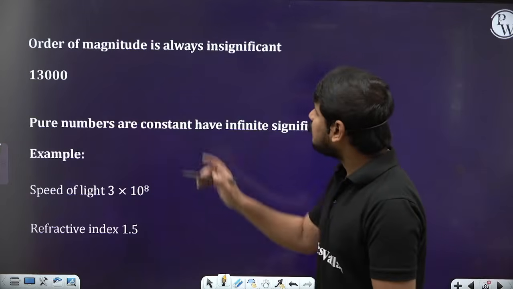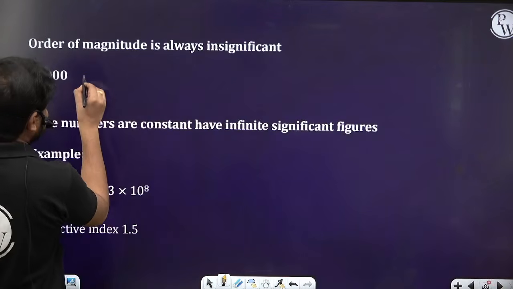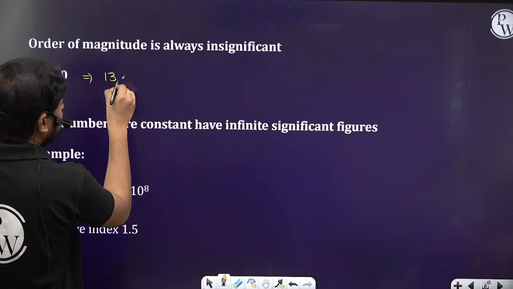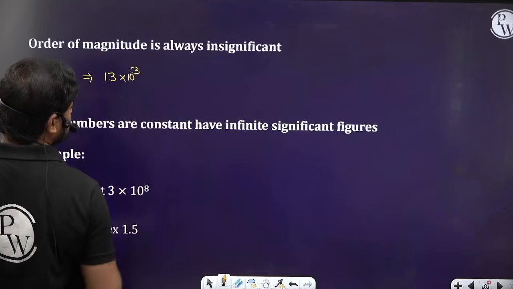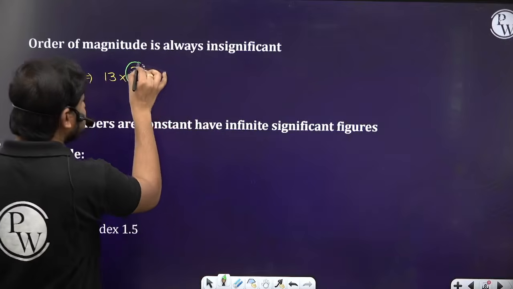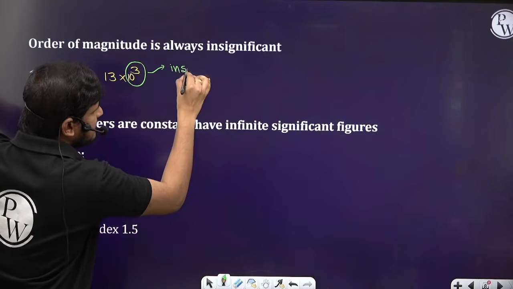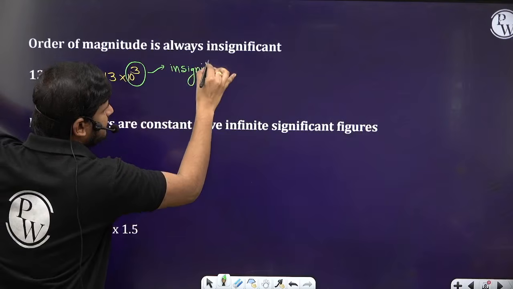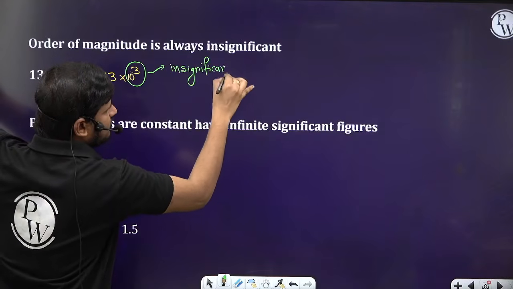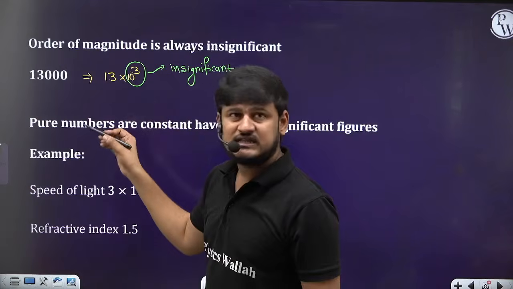So let's move further. The order of magnitude is always insignificant. If I write 13,000, it's going to be 13 into 10 to the power 3. Where this 10 to the power 3 is there, this part is going to be insignificant, whereas these two are significant. So 1 and 3 are significant.